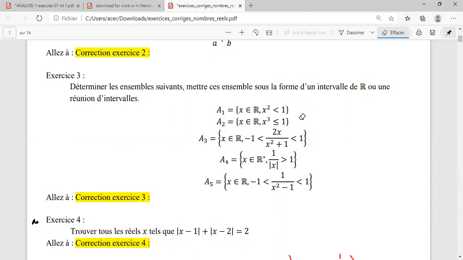Pourquoi? At A1 we had -1, comma 1. When we put 1 there, which is part of the interval, it is saying 1 is less than 1, which is not satisfying the equation.